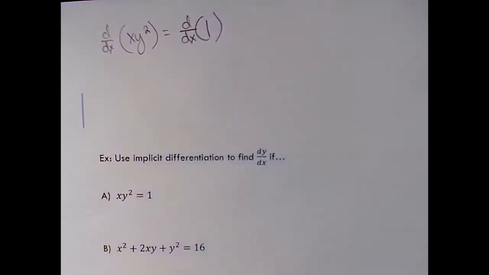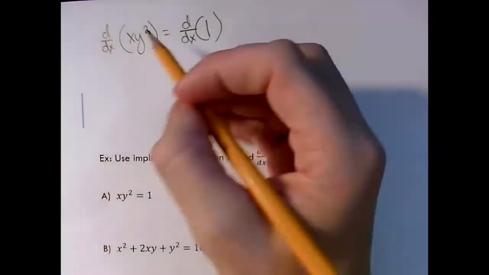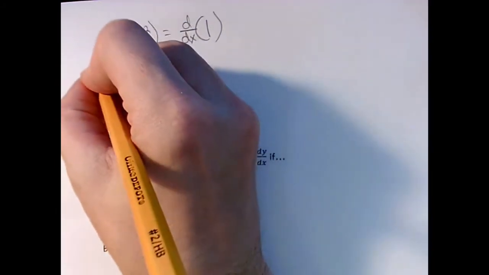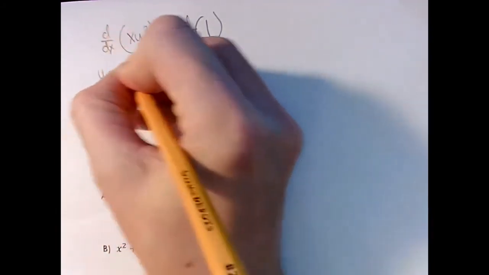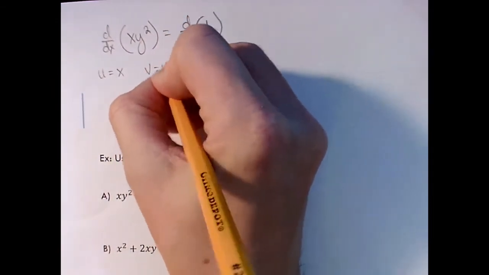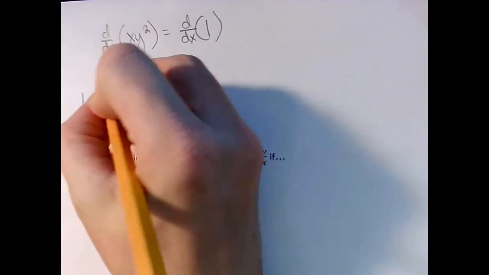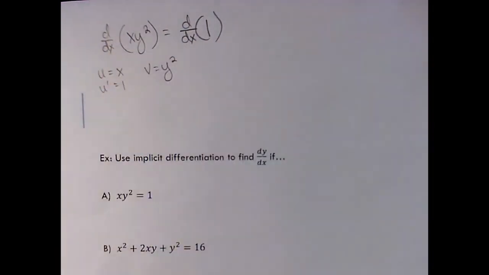Now, on the left, since I have xy squared, I have to apply the product rule. I'm going to let u equal x, and I'm going to let v equal y squared. When I take the derivative of x with respect to x, u prime is just going to be 1.